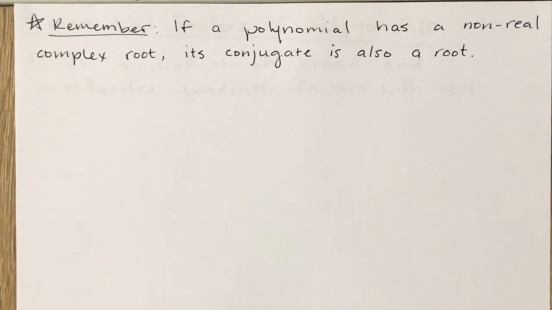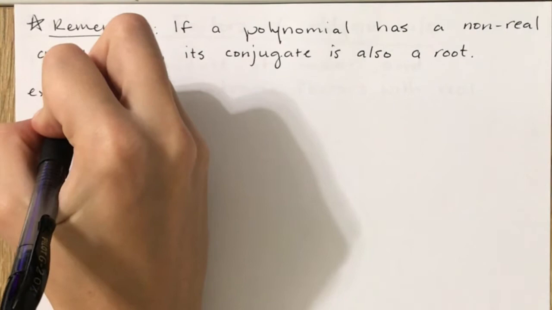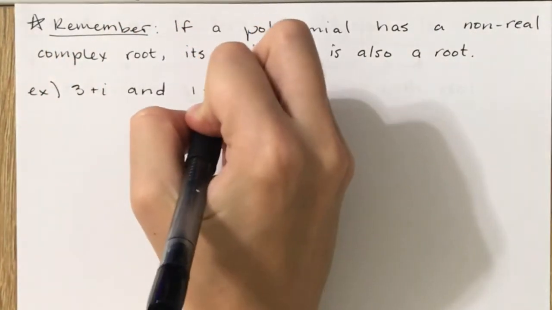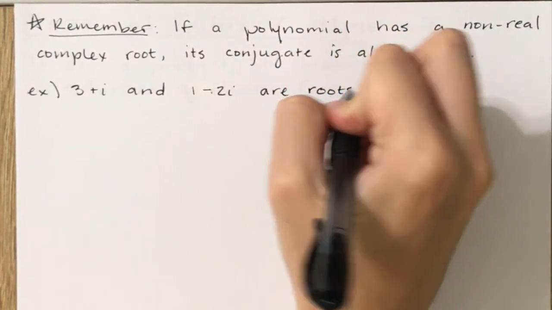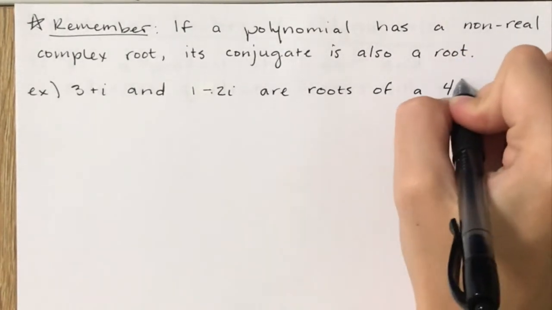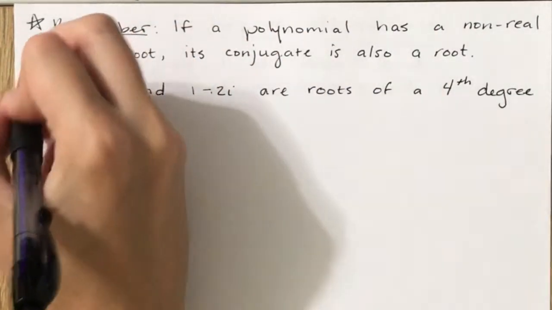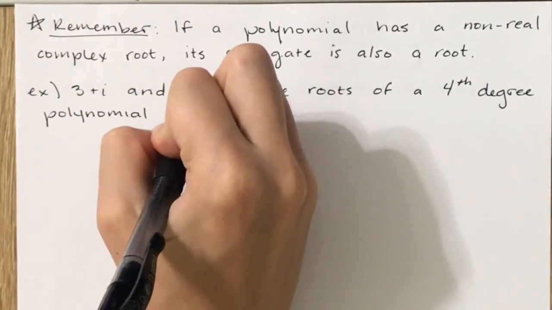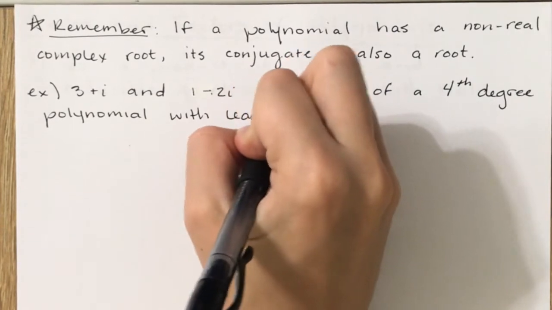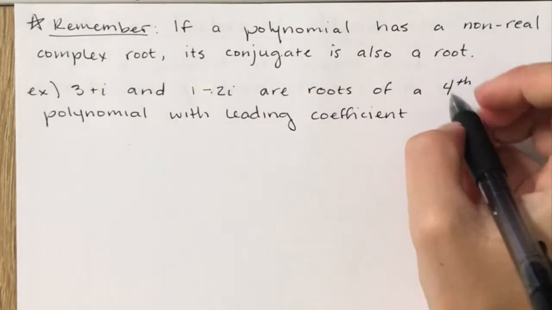Sometimes you'll be asked to write a polynomial that has a few given specifications. For instance, for example, 3 plus i and 1 minus 2i are roots of a fourth degree polynomial with leading coefficient 1/5.